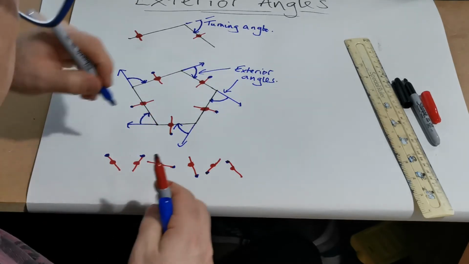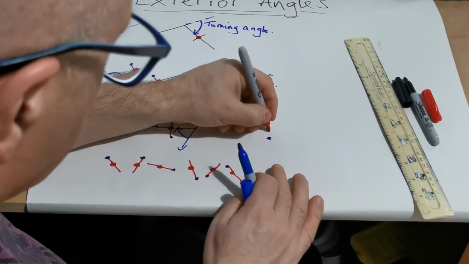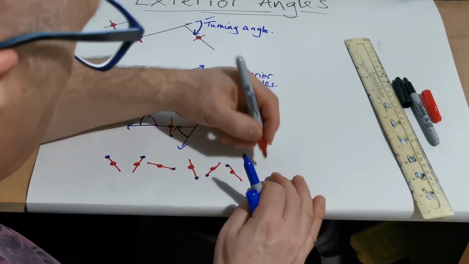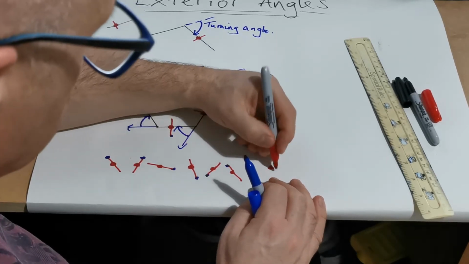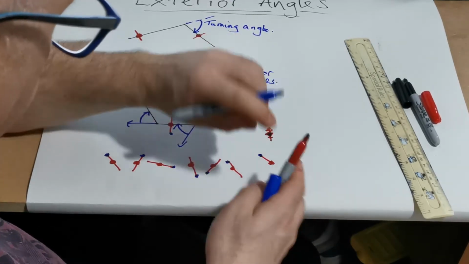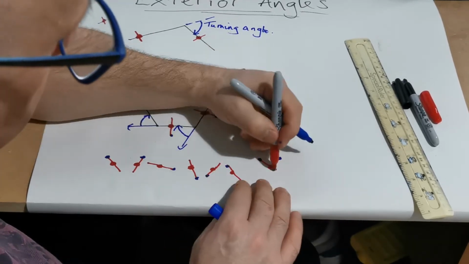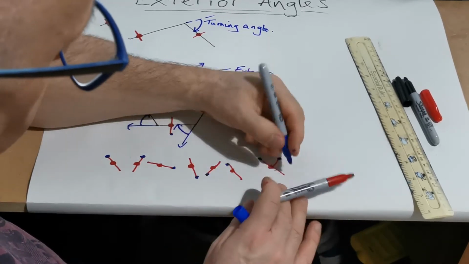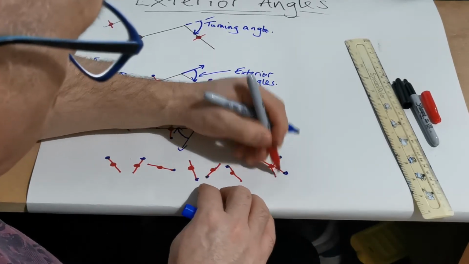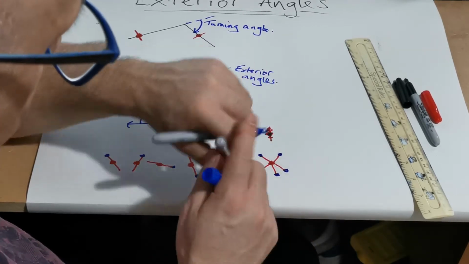So if I were to put that on just one single diagram, do it like this. So I started off like that, and then it ended up there, and then it went to there, and then there, and then to there.